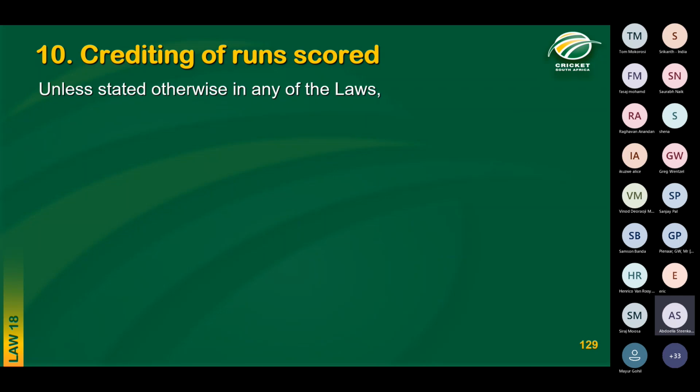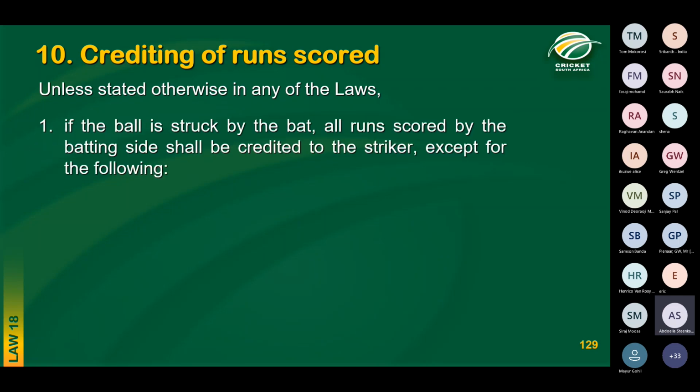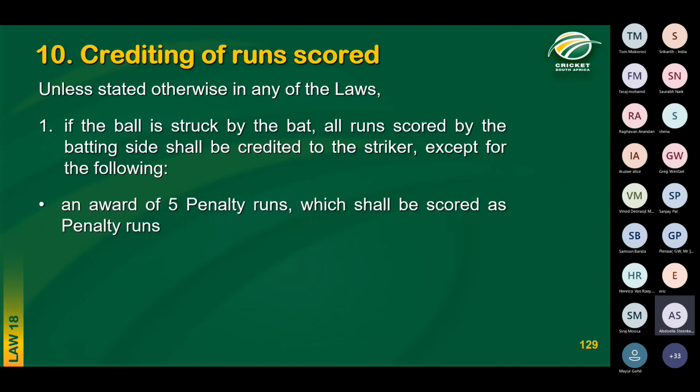When it comes to crediting of runs, the law tells us that if the ball is struck by the bat, all those runs shall be credited to the striker, except when 5 penalty runs are awarded. Those 5 penalty runs shall not be awarded to the striker.